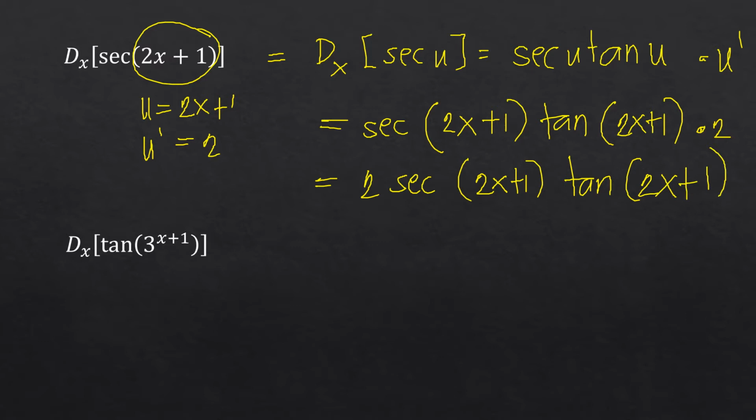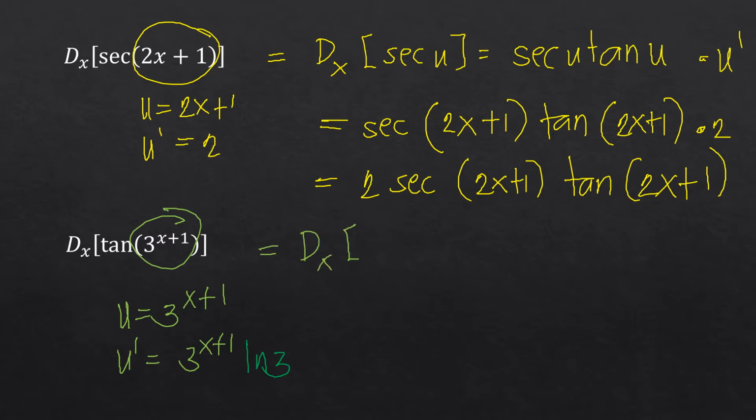And the next example here is tangent of 3 raised to x plus 1. So let u be equal to 3 raised to x plus 1. The derivative of that is equal to 3 raised to x plus 1 times ln of 3. Therefore, we may rewrite that into the derivative of tangent u, which is equal to secant squared u times u prime.